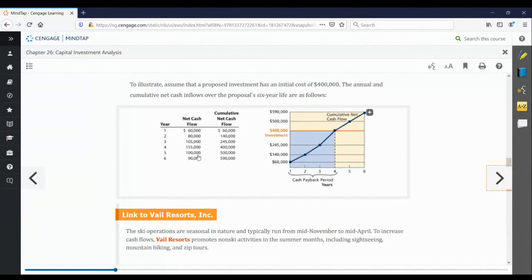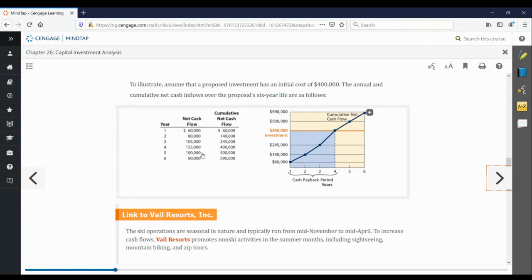But if you add the entire amount of cash flow, the cumulative cash flow goes over the cost of the asset. So what you have to do is back up and say, well, if the cost of the asset is 450,000 and I'm expecting net cash flow in year 5 to be 100,000, I don't need the entire amount to recover the cost of our asset.